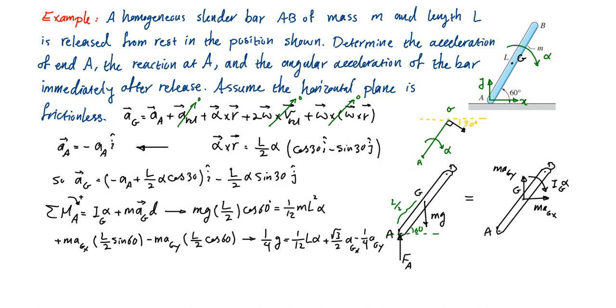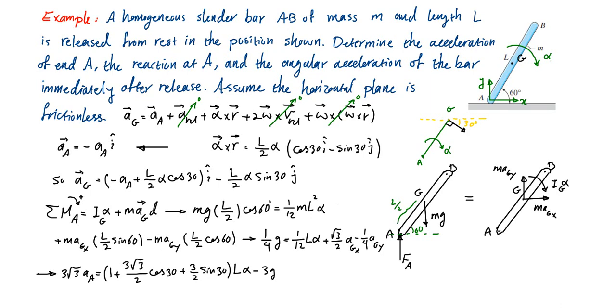You do that, and let me just write that step and make some simplifications. 3 square root of 3 a_A. That's what we get. I move things around a little bit and factored out L alpha. So 3 square root of 3 over 2 cosine 30 degrees plus 3 over 2 sine 30 degrees times L alpha minus 3g.